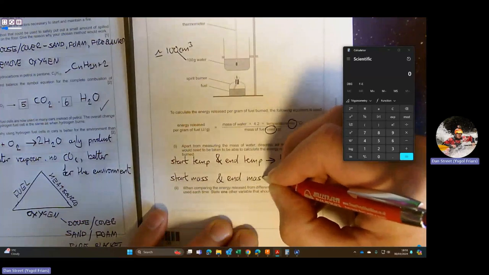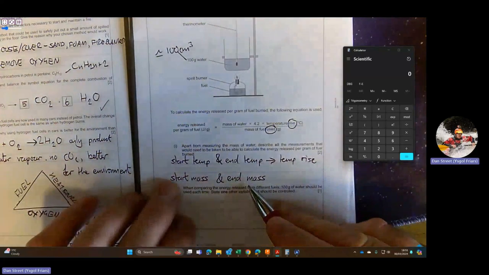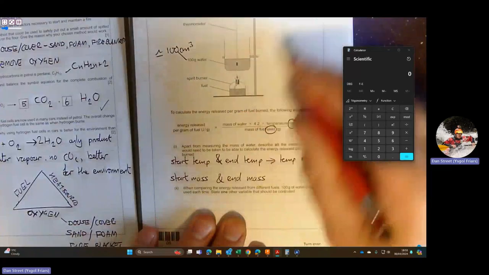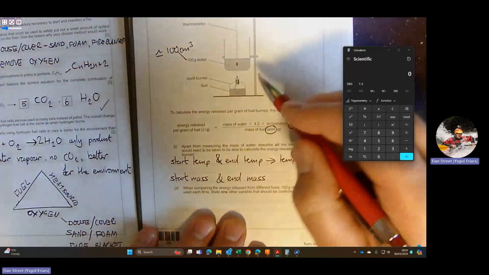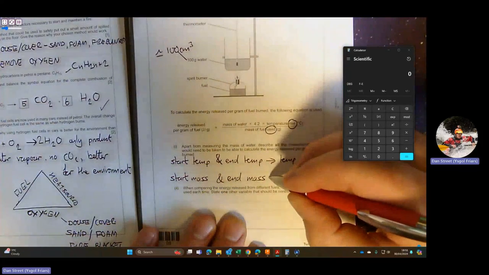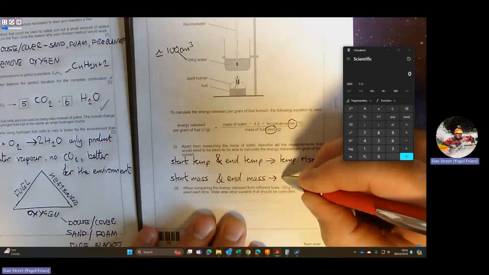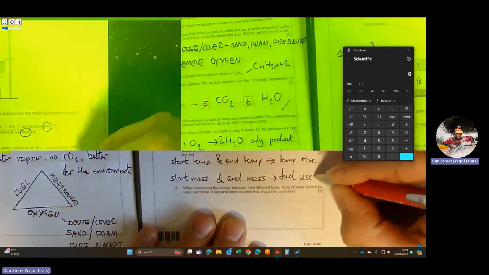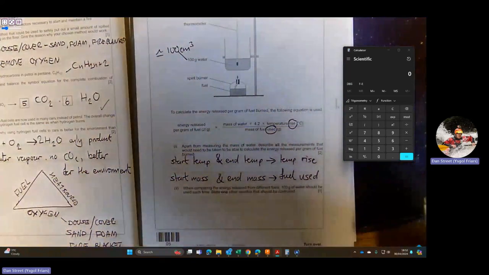Now, if all goes well, your end mass will be less than your start mass, because the fuel will make its way up the wick, burn, and turn into carbon dioxide and water, reducing the mass of the spirit burner. So it will get less and less. The difference between those 2 values gives you your fuel used.